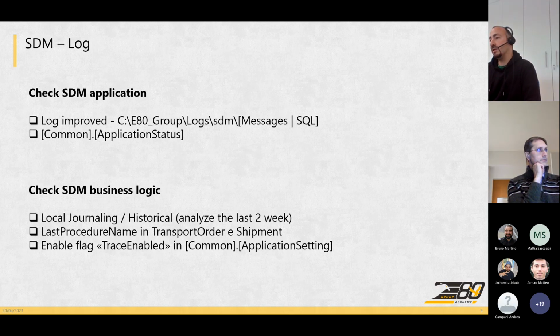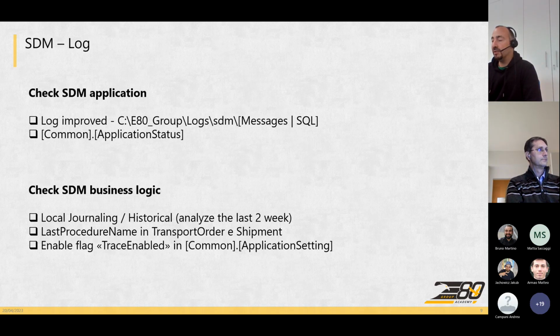Messages contains only the raw messages that SDM sent and received from the handlers, and SQL contains the basic prints that were already printed, and if you enable the trace, also all the trace that the system will produce.